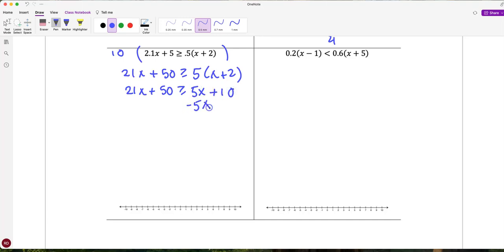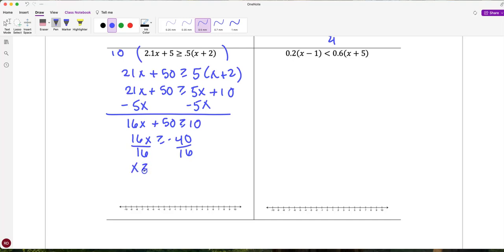Subtract 5x. So 16x plus 50 greater than or equal to 10. Subtract 50 from both sides. 16x greater than or equal to negative 40. Divide both sides by 16.